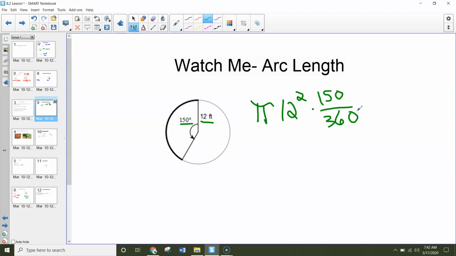So let's go ahead and enter that in our calculators. Pi 12 squared times 150 over 360. And this gives me 188.4 or 188.5.